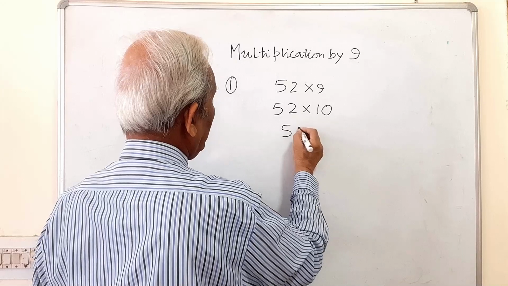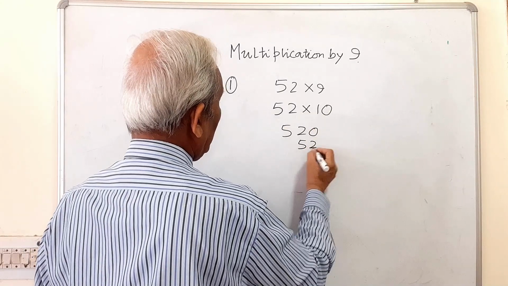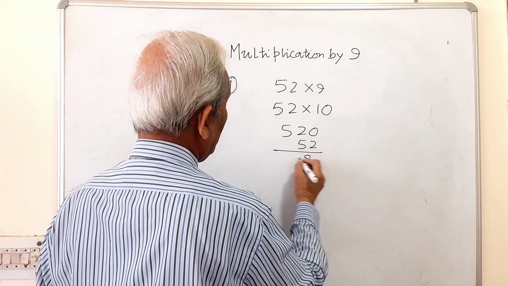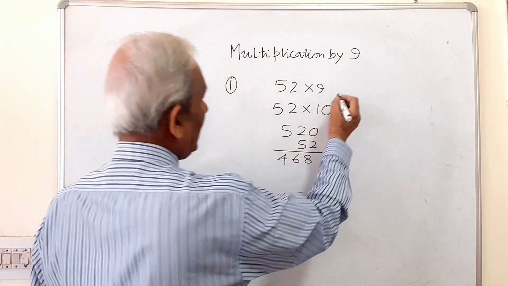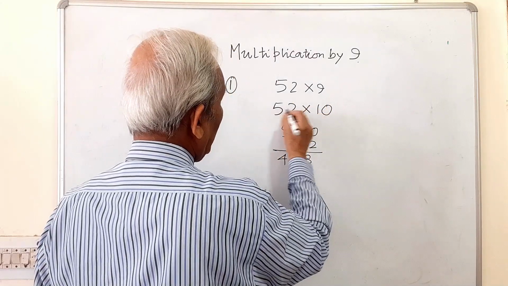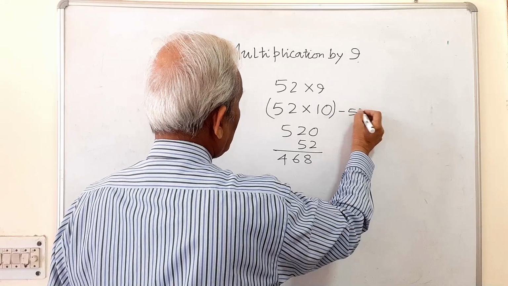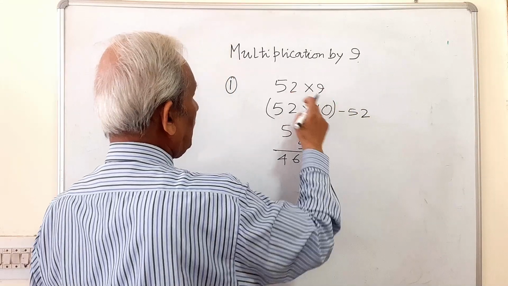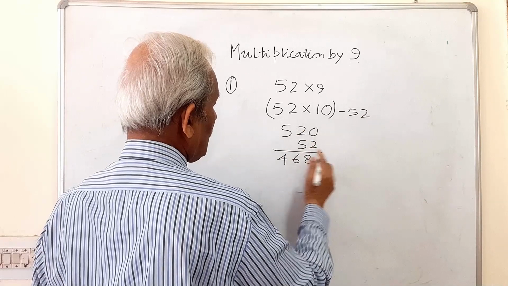So 52 into 9 can be written as 52 into 10 minus 52. Instead of multiplying 9 times, you multiply 10 times and subtract once. So it becomes 520 minus 52, which is 468.